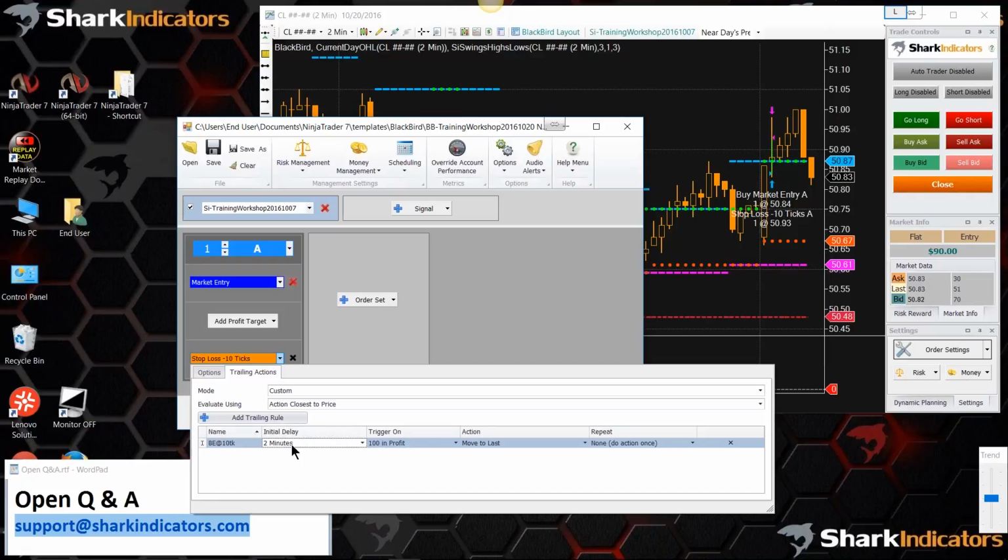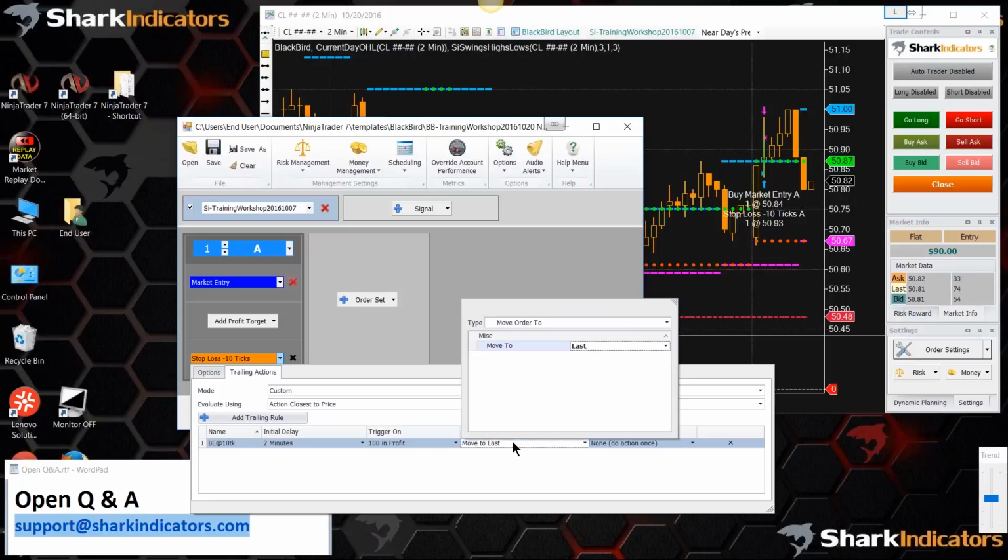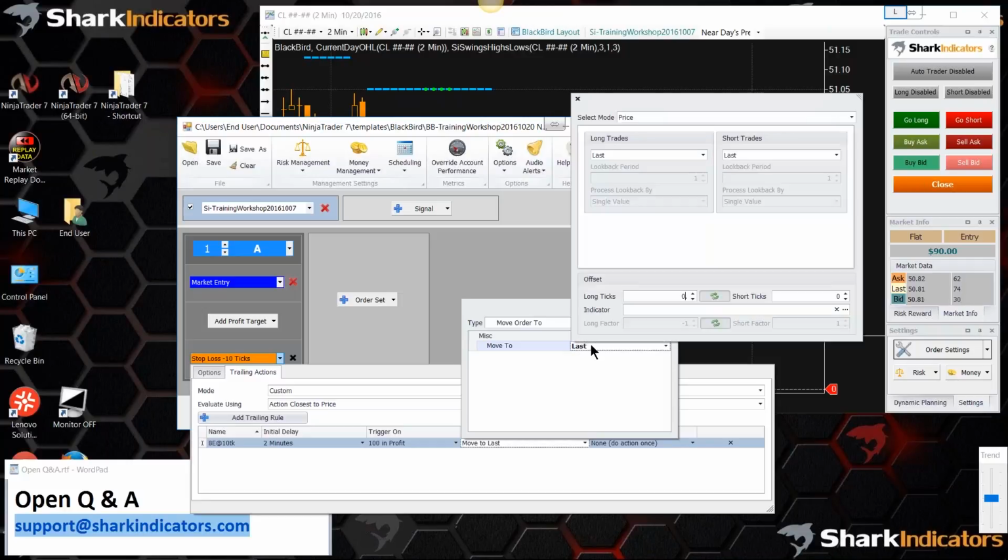Once our delay has been met, then the trigger says, okay, now we're looking for $100 in profit. If we have it, we move on to the action part, which is to move our stop loss to the entry price, which is break even.